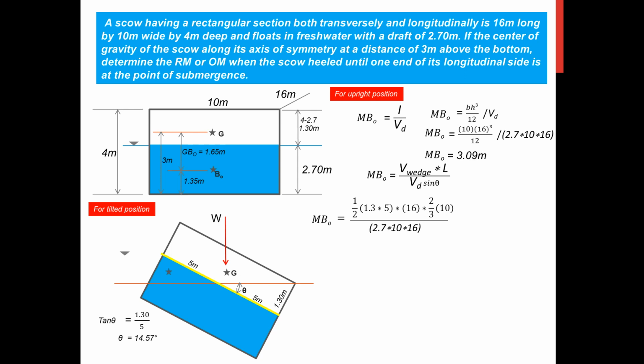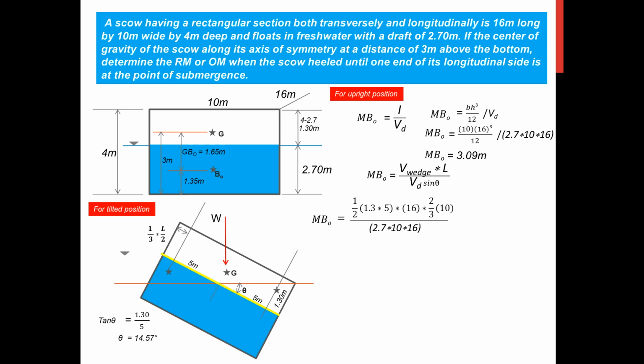Why is it that L is 2/3 of 10? Here's the explanation. In here, from this triangle formed, we get the center of gravity of that triangle. We know that this distance is 1/3 of L over 2, or 1/3 of 5.